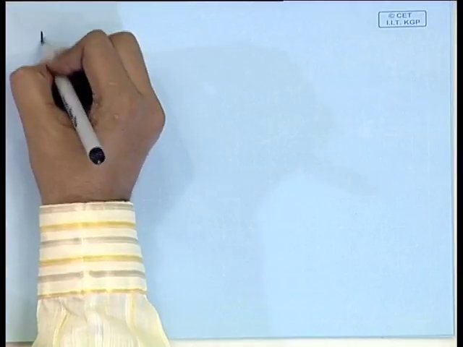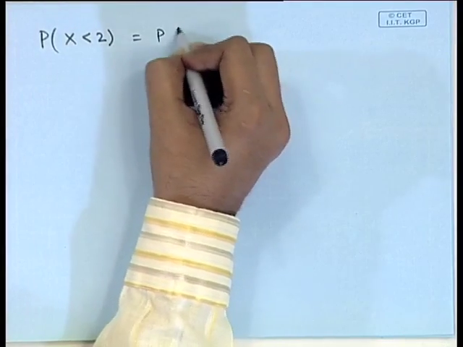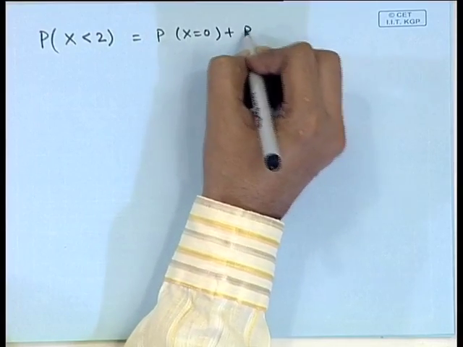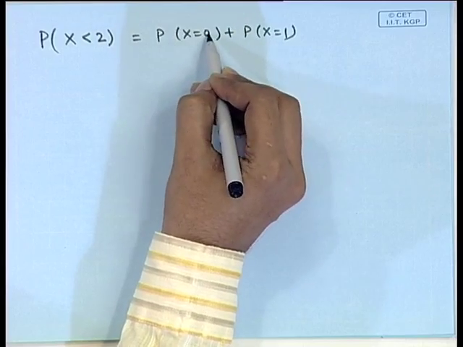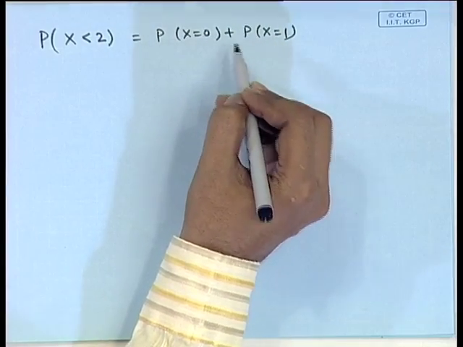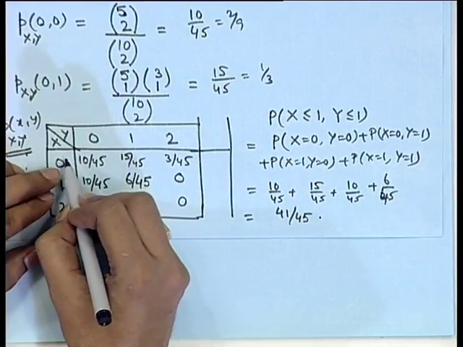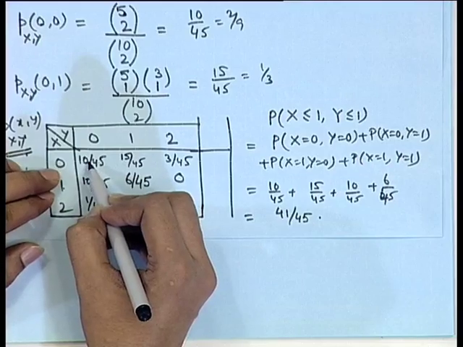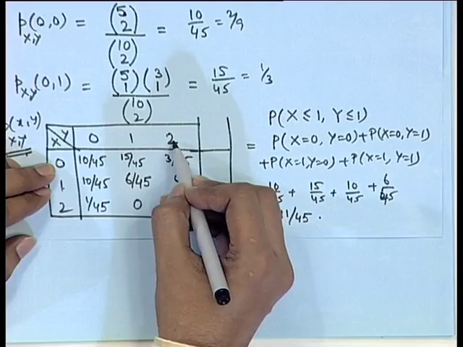We may answer some other questions from here regarding the probabilities. For example, if we ask what is the probability x is less than 2, that is probability x equal to 0 plus probability x equal to 1. Now, this relates to the probabilities of one random variable when the joint distribution is given. Now, notice here that if I sum row wise, then this will give probability x equal to 0, y is equal to 0, probability x equal to 0, y is equal to 1, probability x equal to 0, y is equal to 2.